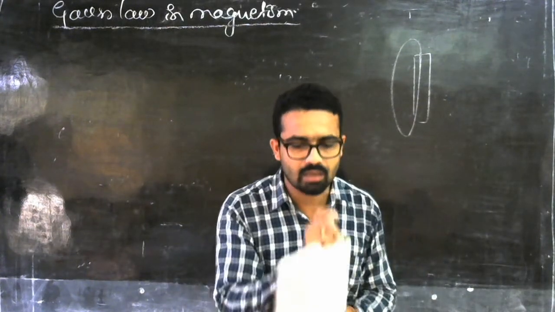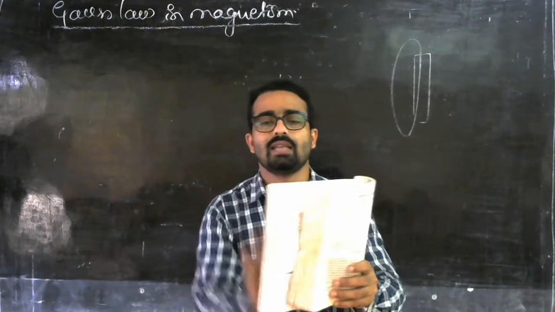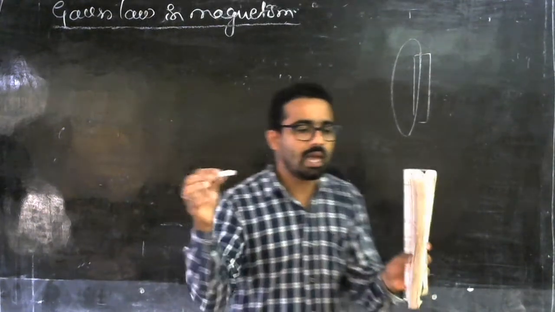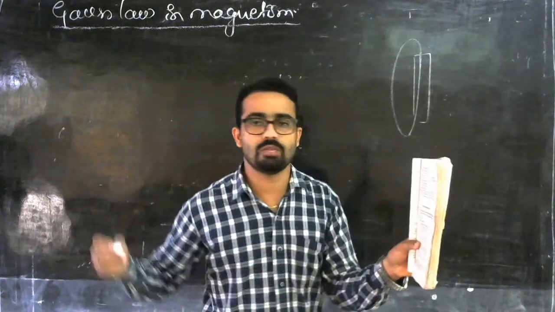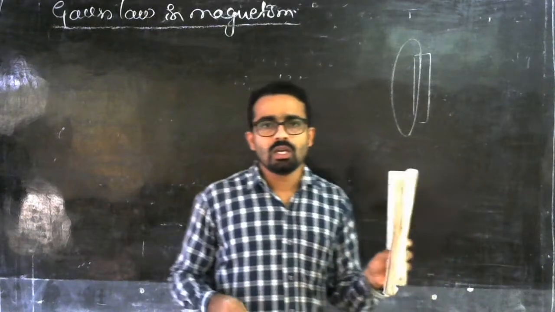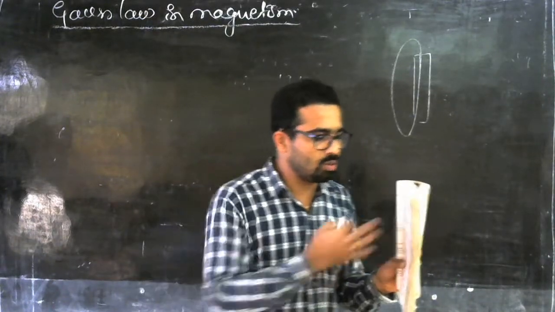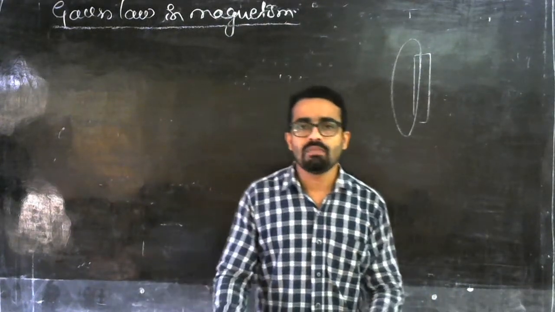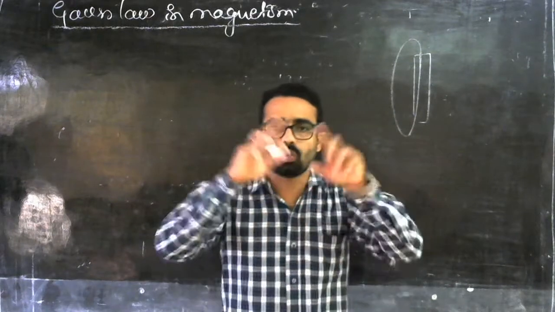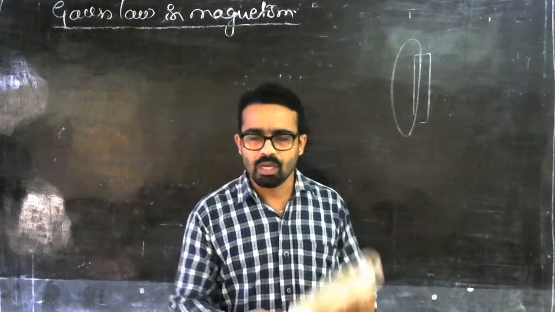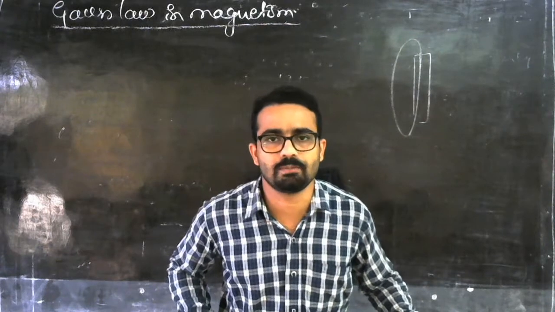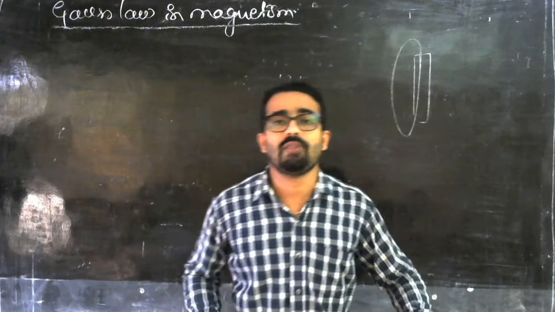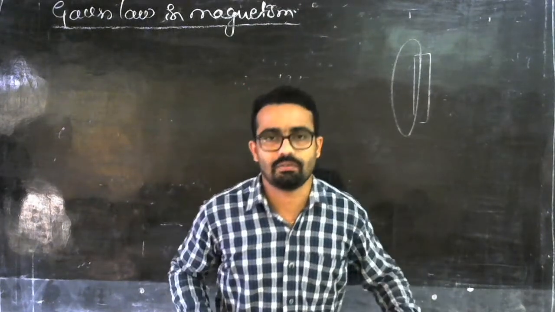For example, if I take an area like this, the number of field lines passing through it is the electric flux. In the same way, if magnetic field lines pass through the same area, it is known as magnetic flux. So here Gauss is trying to find the magnetic flux through any closed surface.